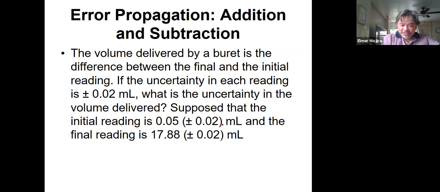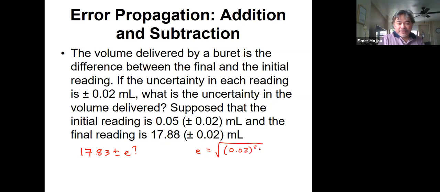So how do we solve this problem? The same thing as we did earlier. This is subtraction: 17.88 minus 0.05. What do you get there? 17.83. Now the question is, what is the uncertainty here? So what do we do? We have the uncertainty here, which is just equal to the square root of 0.02 squared plus 0.02 squared.